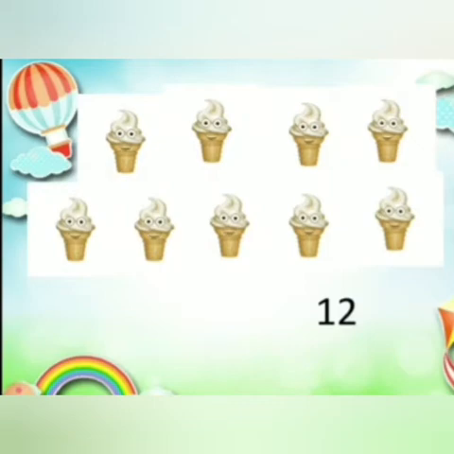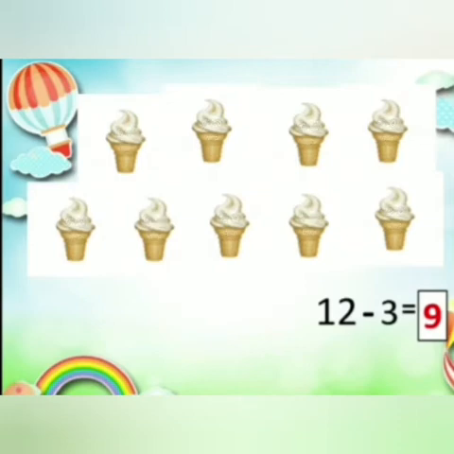How many I have taken out? 3. So how many are left now? Let us count. 1, 2, 3, 4, 5, 6, 7, 8, 9. So 12 minus 3 is 9. So 9 ice creams are now left over. So this 9 is also known as difference. We are getting the answer. 12 minus 3 is equal to 9.